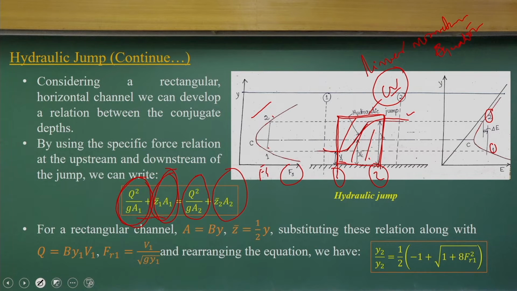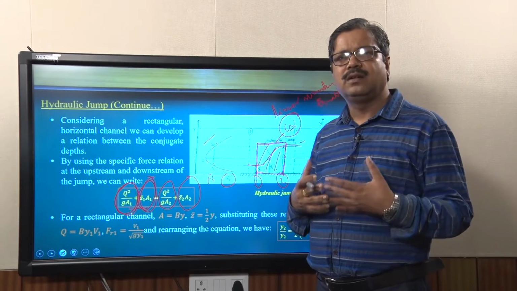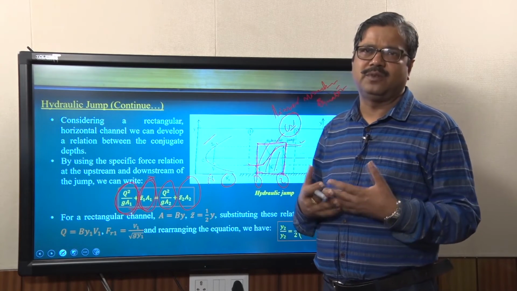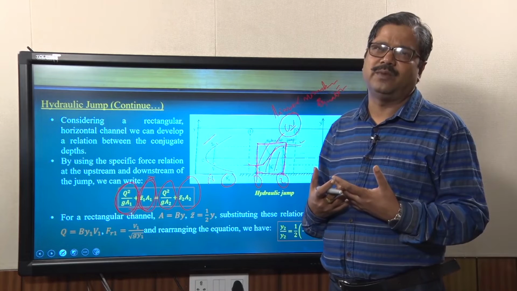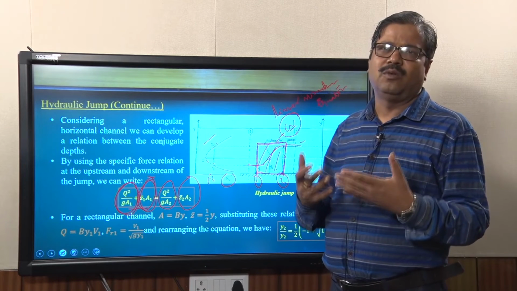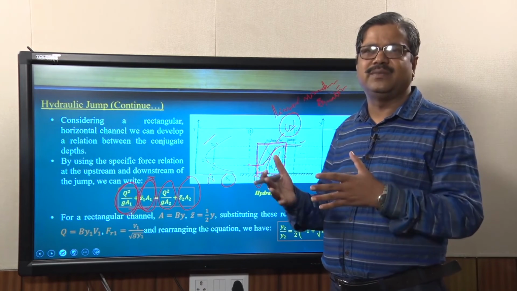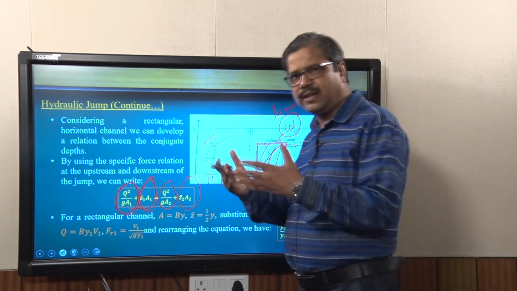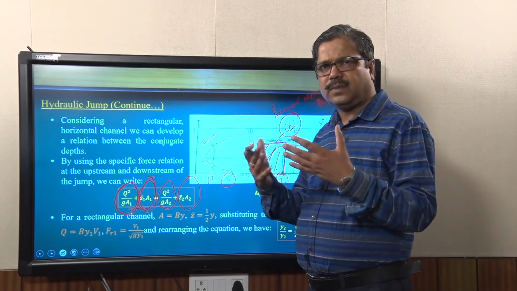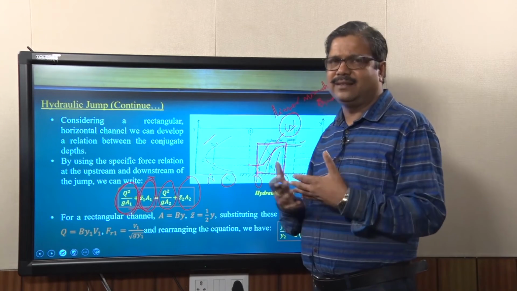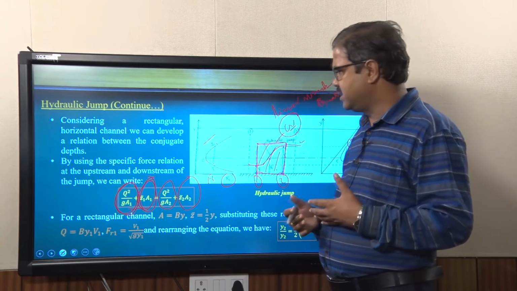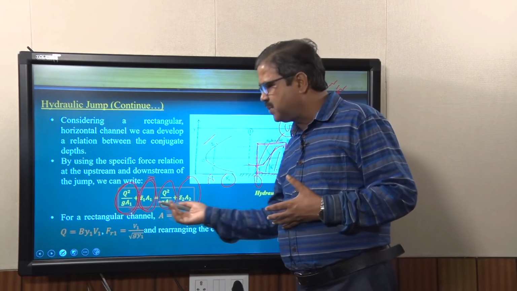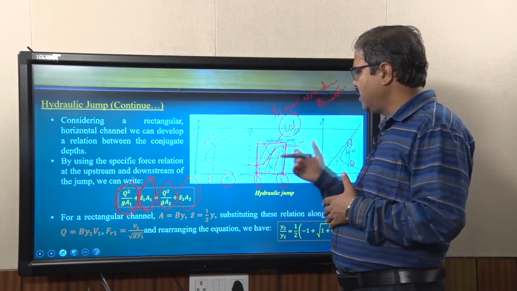So in the case of hydraulic jumps we use the specific force concept, or the linear momentum equation, because there are no other significant forces. Other than the momentum flux and the pressure forces, we equate the specific force at section 1 and section 2.